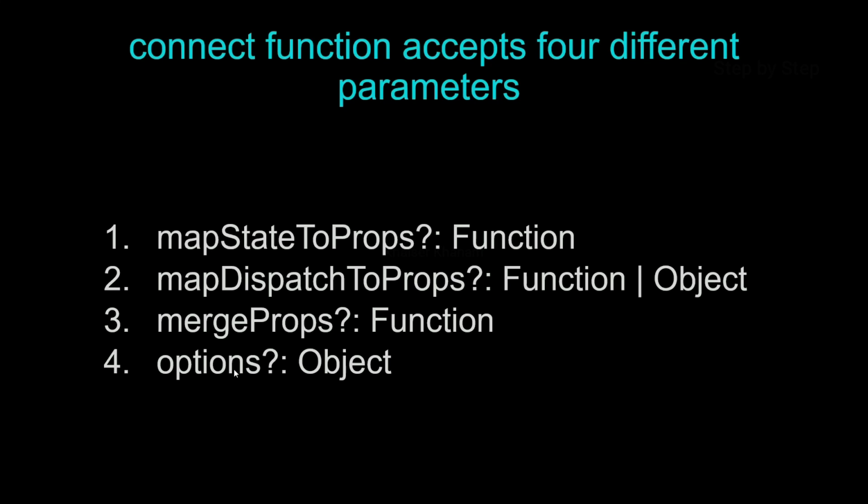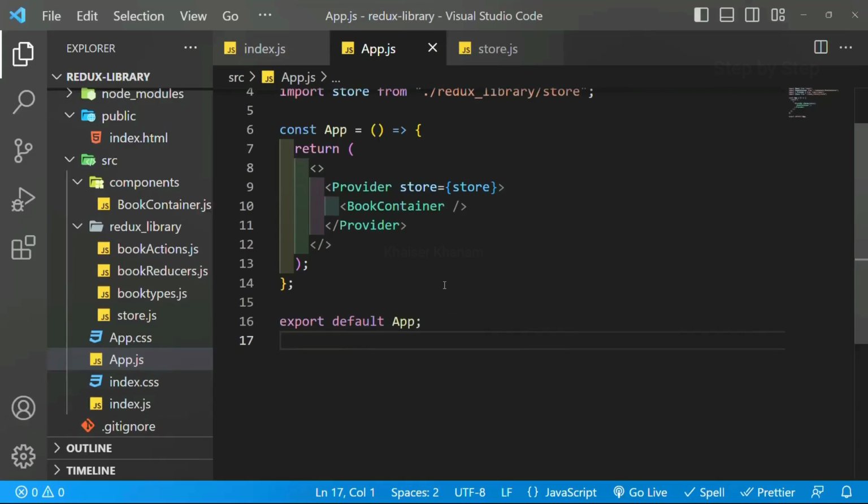Later, when we make a big project, we will work on all four parameters. For now, just focus on mapStateToProps and mapDispatchToProps. Practically, we are going to understand the connect function and these two parameters. I have opened my Visual Studio Code.